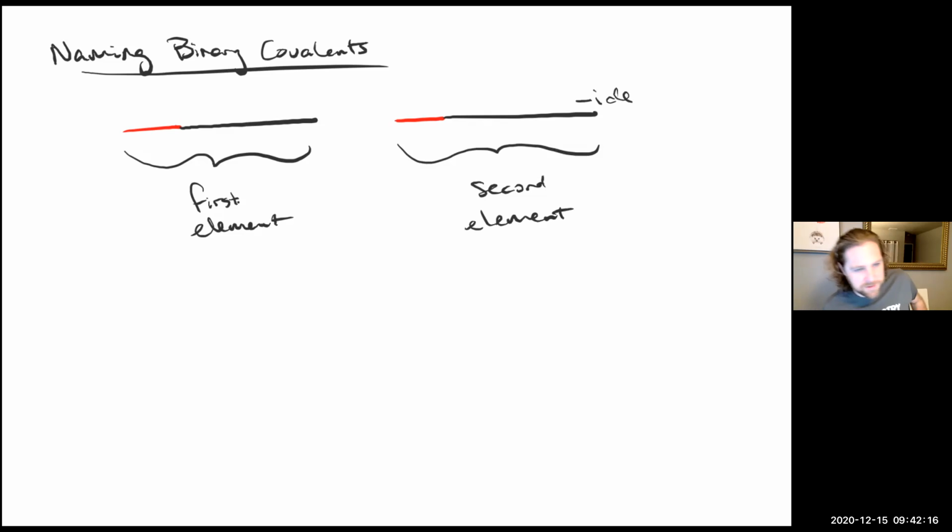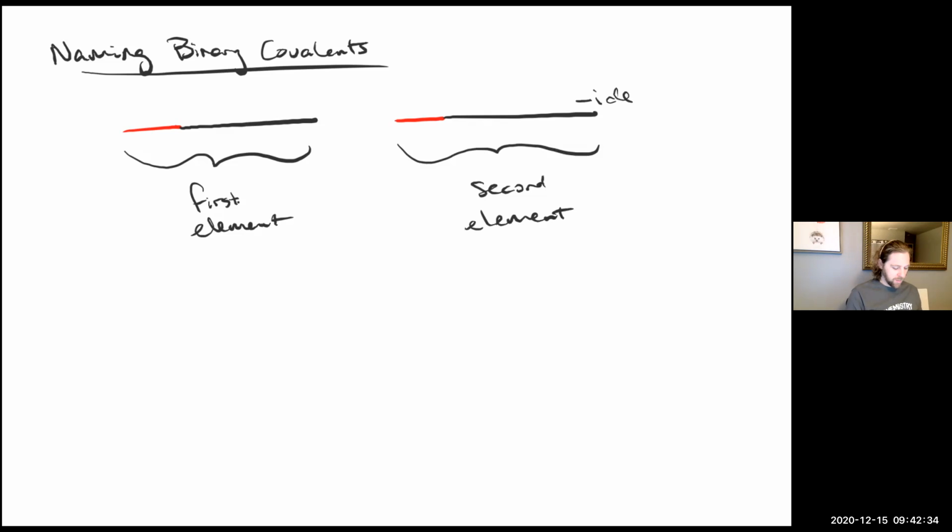The second element still has that IDE ending. And when you hear some of the compounds, these are ones that you've heard before. Covalent compounds are more common compounds that you've heard just in casual speak throughout your life so far.